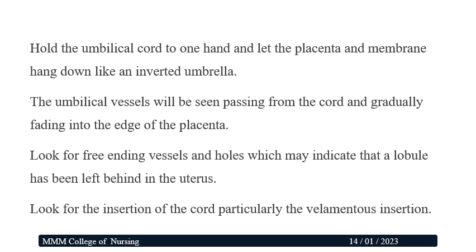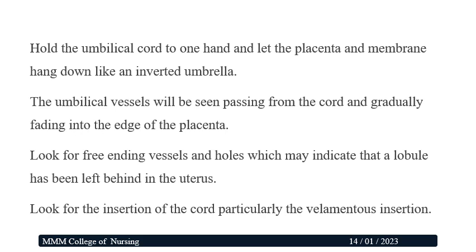You should also look whether the membranes are missing or not. Approximation of the membrane should be looked at. The umbilical vessels will be seen passing from the cord and gradually fading into the edge of the placenta. Look for free-ending vessels and holes, which may indicate that a lobule has been left behind in the uterus.